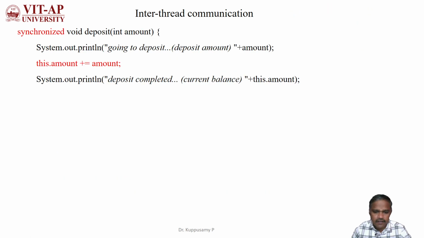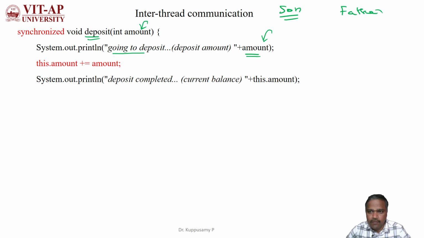Another thread here is the deposit thread, which receives some amount from the customer to deposit into the account. So this amount is deposited here. You can assume that the father and son are involved: the father is depositing the amount and the son is withdrawing. The son is studying somewhere and the father is in the hometown.